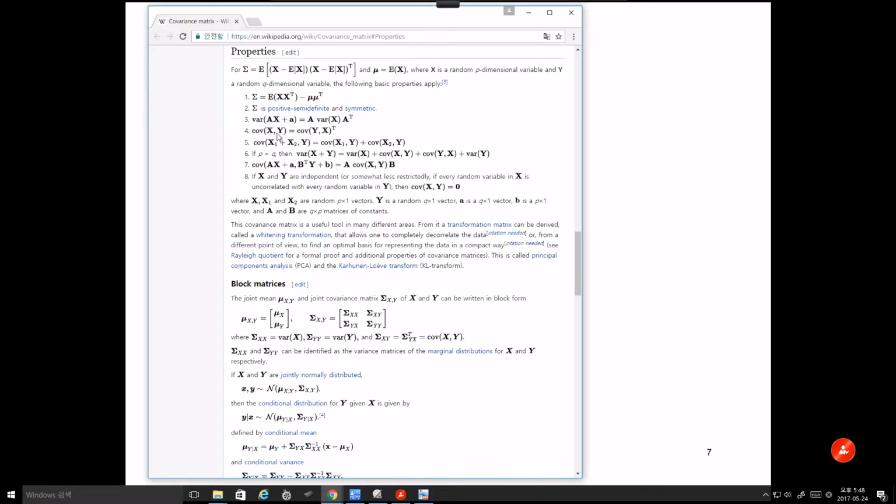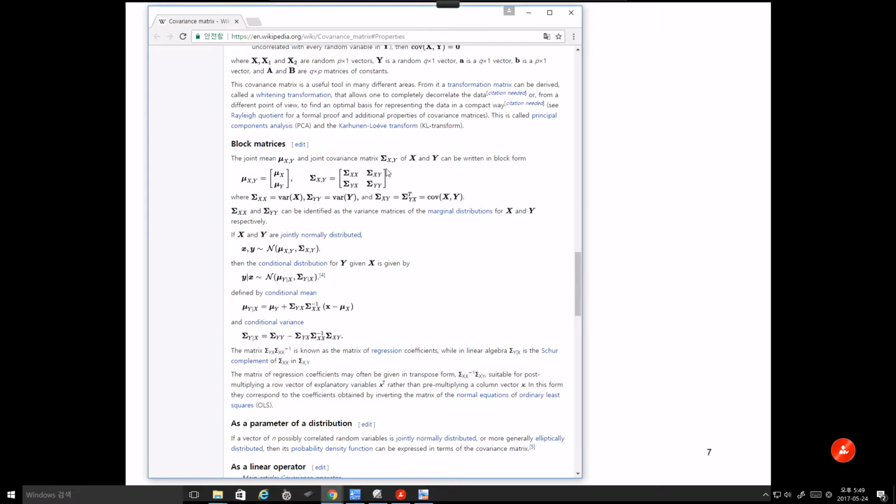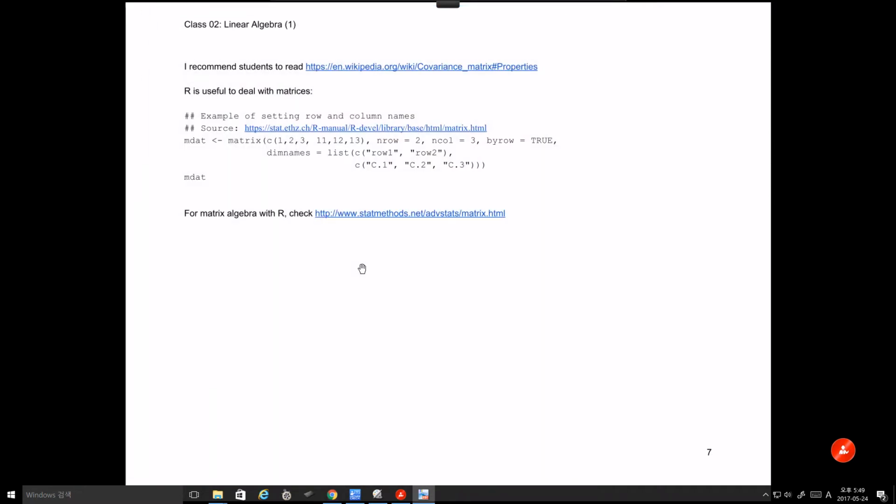Now covariance of xy equals covariance of yx transpose. And you can read the others. And this is another introduction, block matrices. Yeah, the joint mean and the joint covariance of xy can be written in block form this way. This is also interesting.